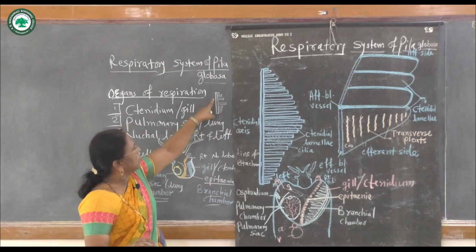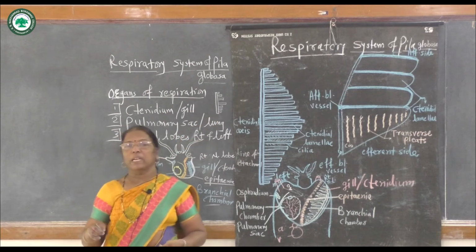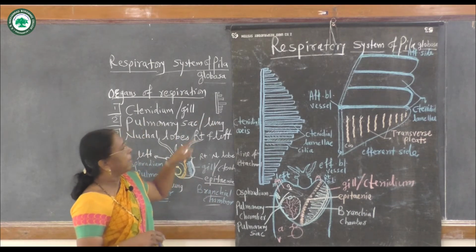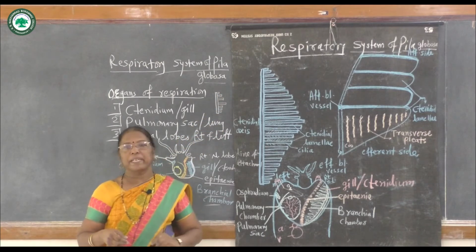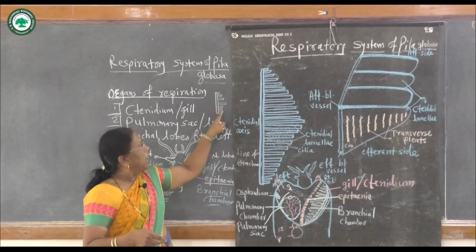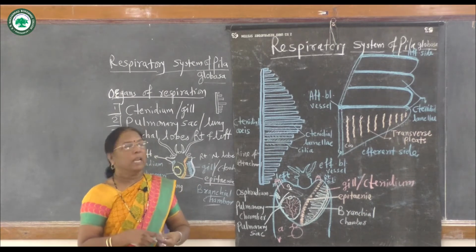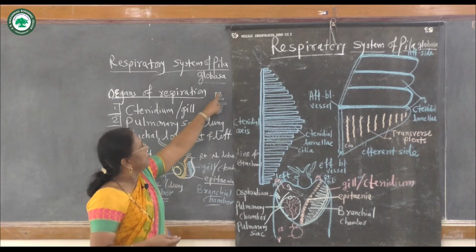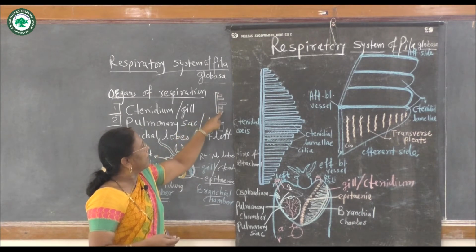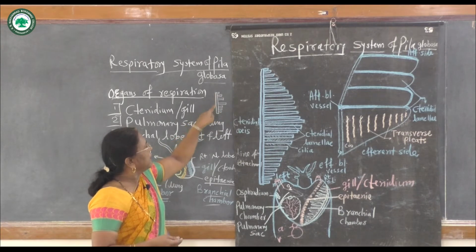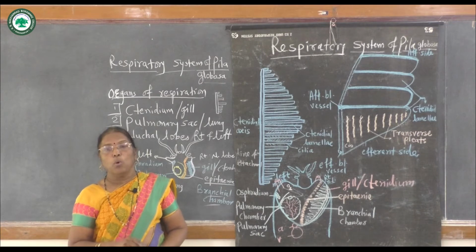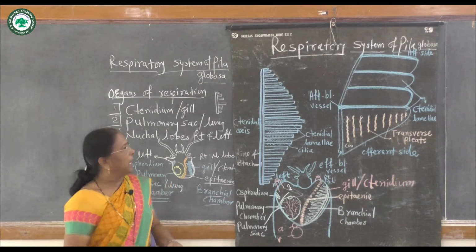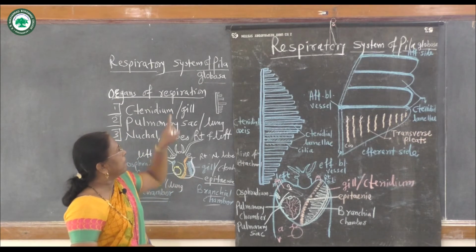If they are present on both sides, then that type of gill is called bipectinate. But here gill lamellae, also called leaflets, are present on only one side of the ctenidial axis. Hence this type of gill is called the monopectinate type of gill, which is present in Pila globosa.